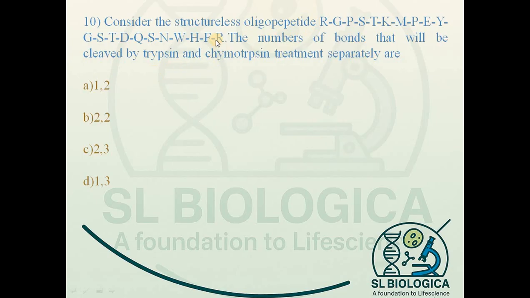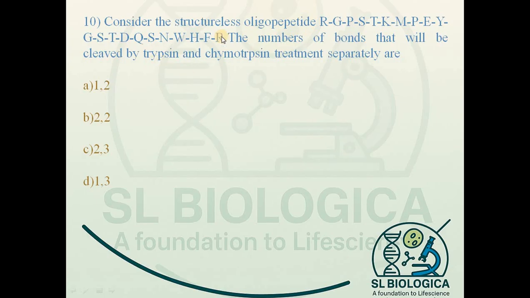So here we have K and R, but it can't cleave at the first and last amino acid, and also the cleavable amino acid should not be surrounded by proline. This is the criteria for cleavage by the trypsin enzyme.